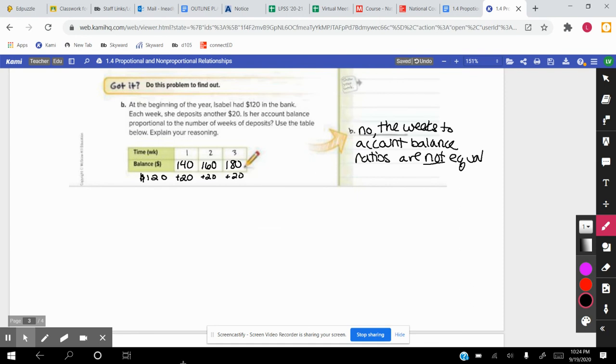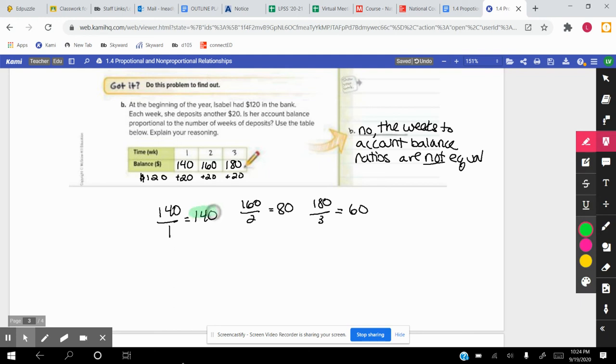So I can show that work with 140 divided by 1, which reduces to 140. Then I can take 160 and divide it by 2, and that's going to give me 80. And then I can also take 180 divided by 3, and that's going to give me 60. So when I take my ratios, these three are not proportional because they are not equal.